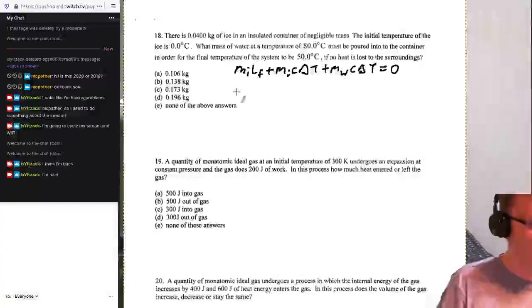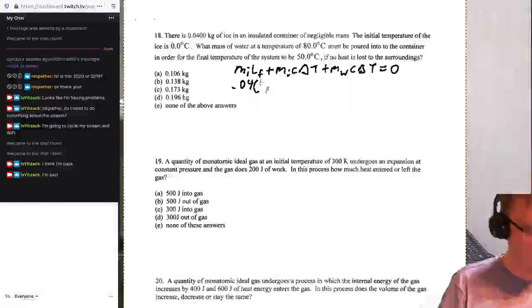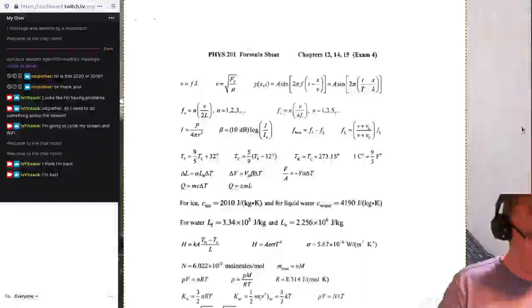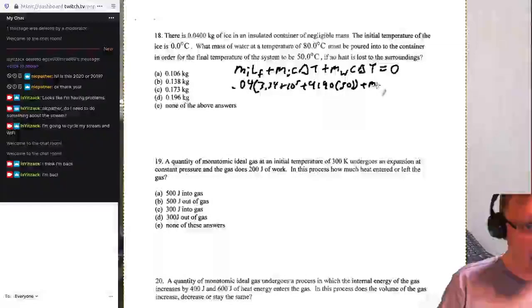So we have 0.04 kilograms of ice times latent heat of fusion, which is 3.34 times 10 to the 5, plus specific heat of water being 4190, double check, 4190 times the C, times its change in temperature of 50 Celsius, or 50 Kelvin, plus some mass of water.